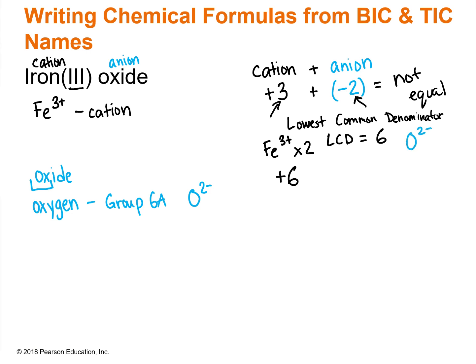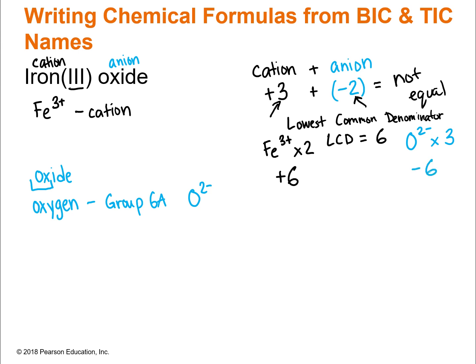For our oxygen, oh, we've got a guess. I'm gonna make you wait, see if you got it right. For our oxygen, it's 2 minus. So what times 2 will give you 6? You gotta go 3 there. 3 times 2 gives you 6.